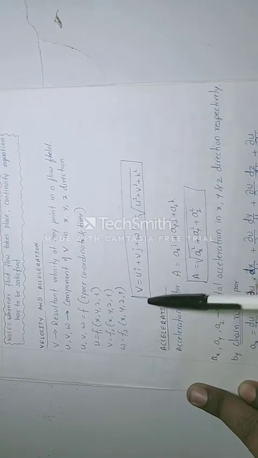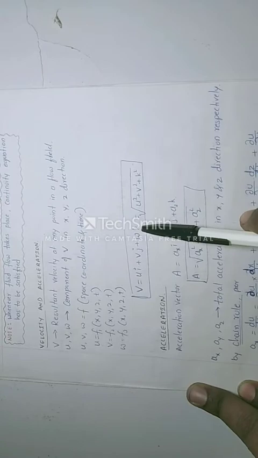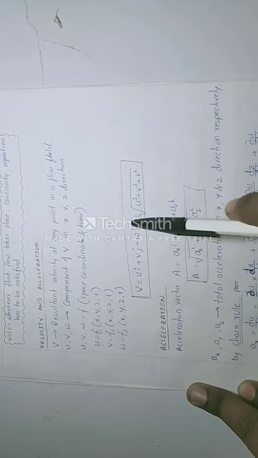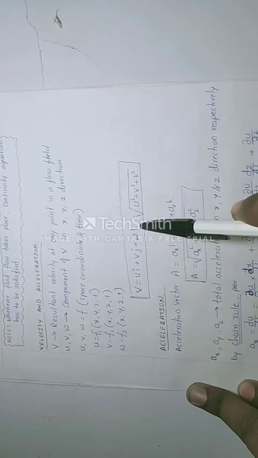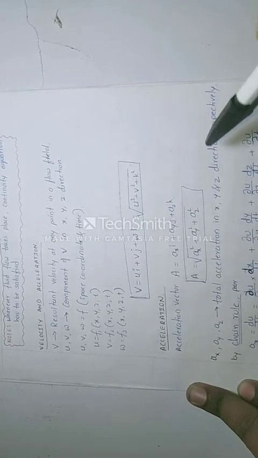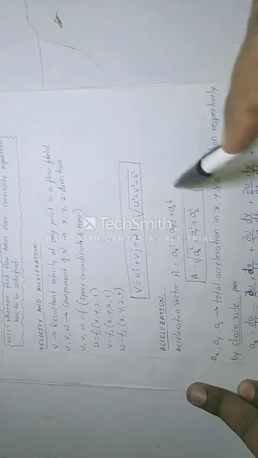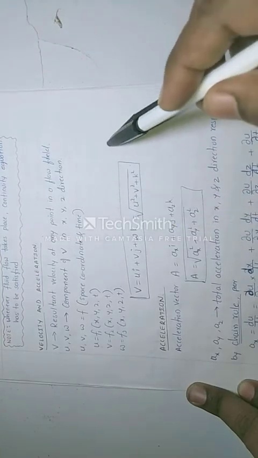The resultant velocity V is equal to u i plus v j plus w k. I have written this in vector form, where i, j, k refer to unit vectors. The magnitude of this velocity is the square root of u square plus v square plus w square. These are all vectors which you have studied in your lower classes.